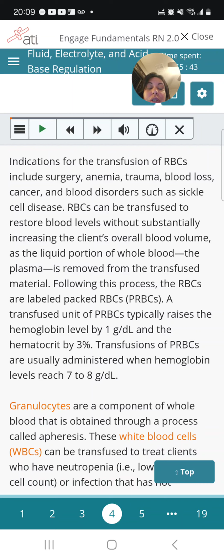A transfused unit of packed red blood cells typically raises the hemoglobin by 1 gram per deciliter and the hematocrit by 3%.